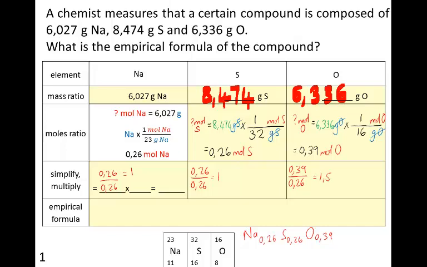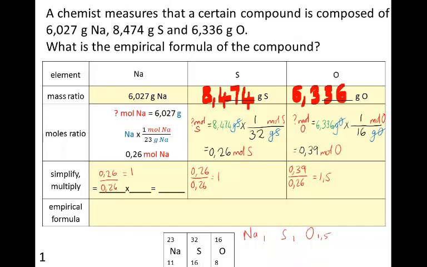So now we have a better ratio. Instead of writing this strange formula that I have here, we are keeping the same ratio, just writing it in nicer numbers. Na 1, S 1, O 1,5. But it's still not good enough, because that suggests that one Na atom bonds to one S atom and 1.5 O atoms, which doesn't make any sense.